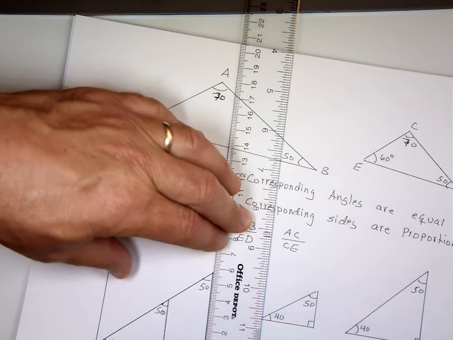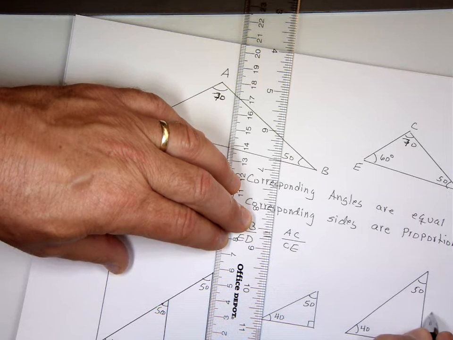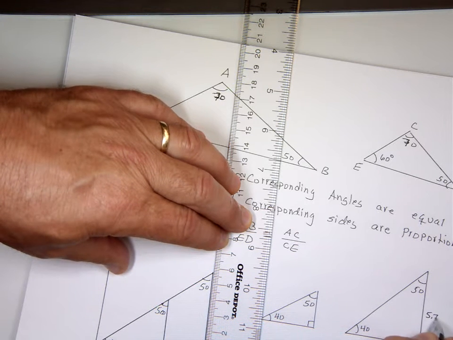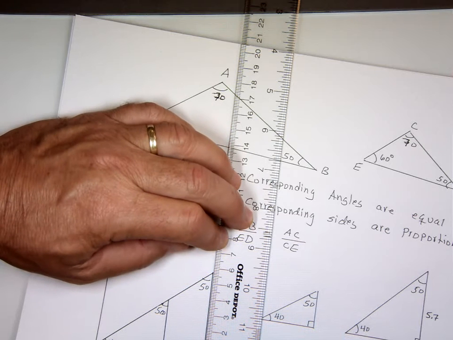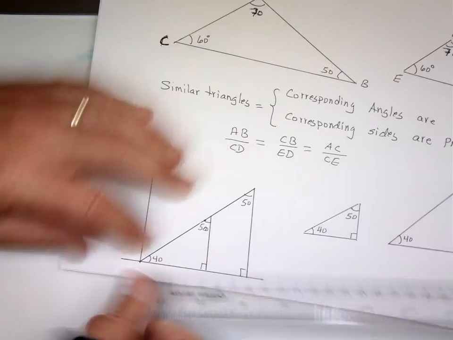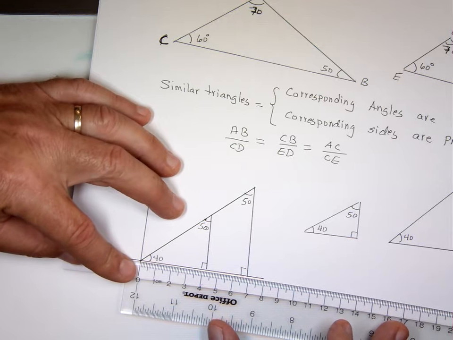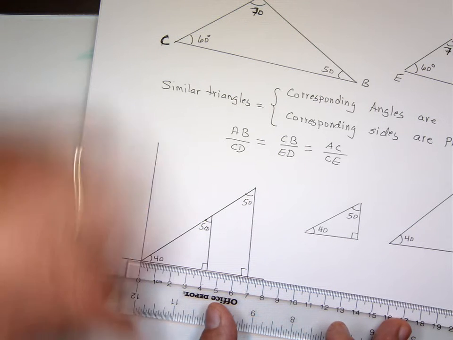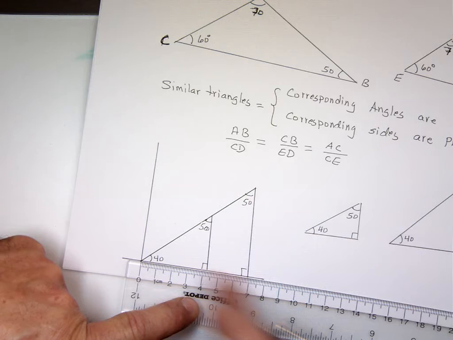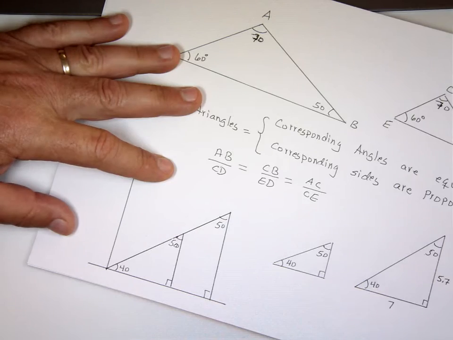So the bigger side going up, I'll say 5.7. Let me measure the length of this side. That looks like 7, for the big triangle. Let me measure the length of this side.